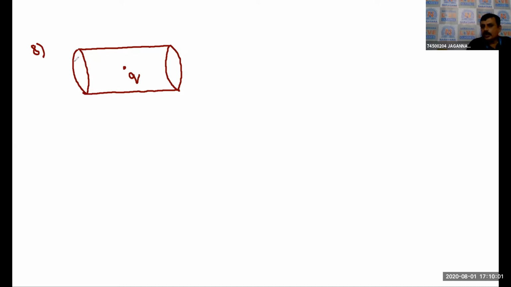These are the two plane surfaces, which he named as C and A, and the curved surface he named as B. So the electric flux due to the curved surface he gave as phi. But you know that the electric flux due to this plane surface and this plane surface are both equal only, no?